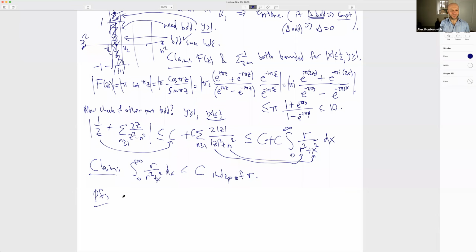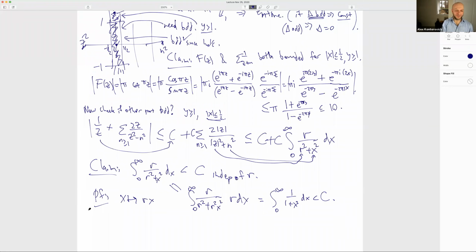You make a change of variables, replace x by rx, then what you get is at 0 we still get 0, at infinity we still get infinity. dx is r dx. I still have this constant r over r squared, plus x has turned into rx, and this is now r squared x squared. And the r's cancel on top and bottom. I have an r squared on top and an r squared that pulls out on bottom. So this is just that constant.